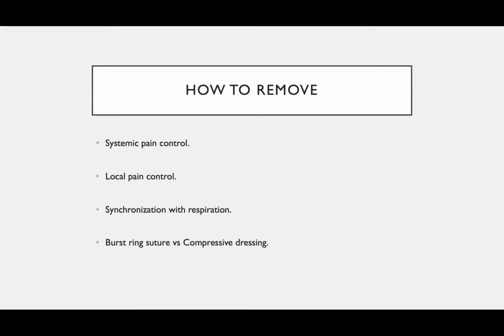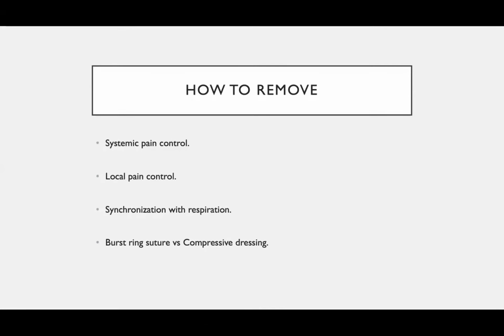So again, how to remove. This is another important trick for successful removal of the chest tube, because sometimes you might ignore the pain control for the patient. Whenever you are trying to remove the tube, he will just let his breath go and you will hear that nice gush of air going inside the pleural cavity. So again, it's very important to give systemic pain control, even a smaller dose.